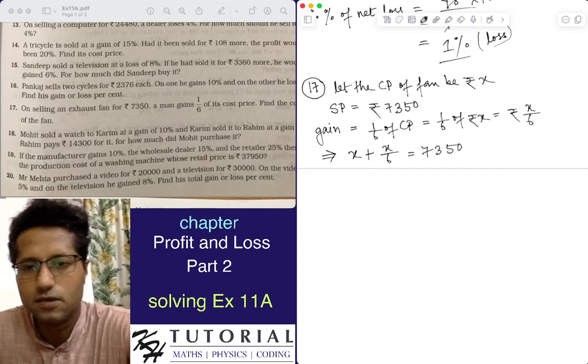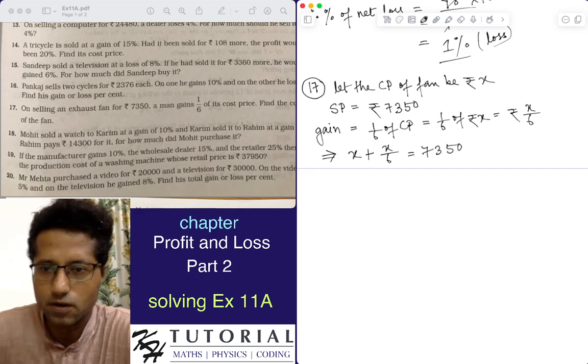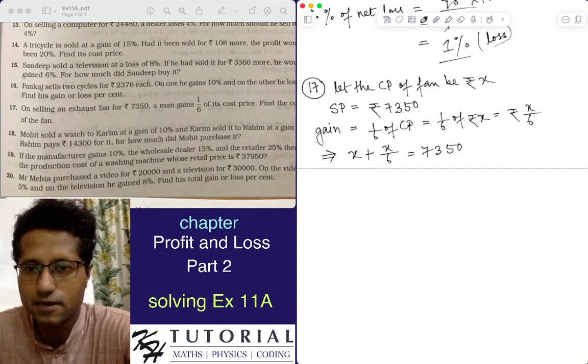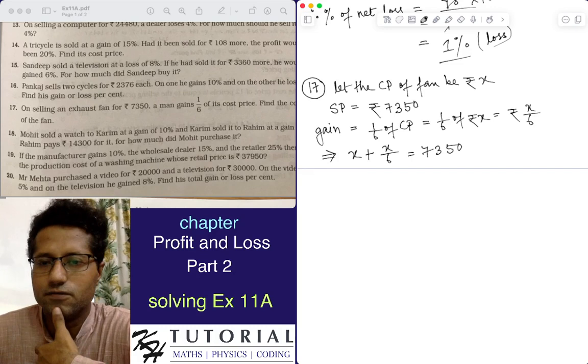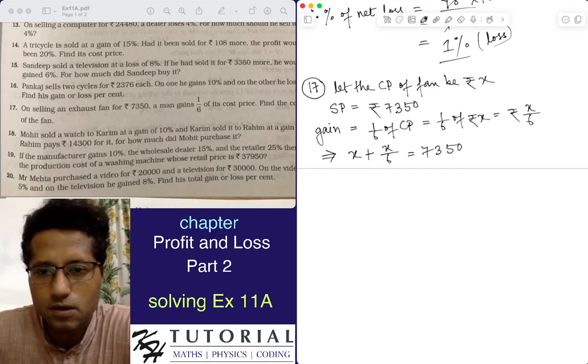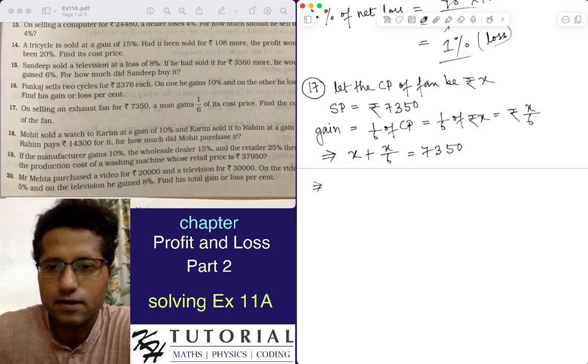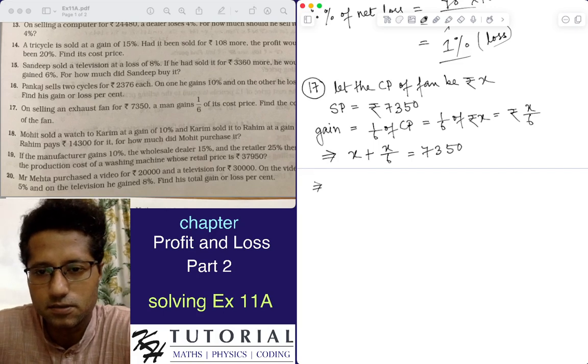The selling price is given to be rupees 7350, and also the cost price we have assumed to be X, and we have found the gain to be X by 6. So selling price is obviously, if there is a gain, cost price plus gain. So this implies, if we simplify the left hand side, X plus X by 6 is 7X by 6 equals 7350.